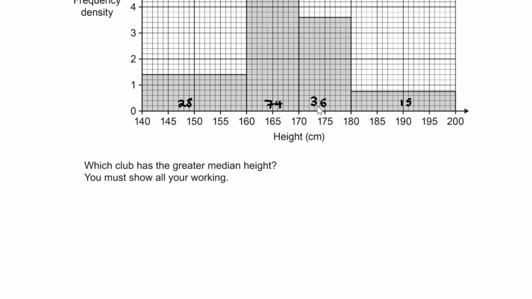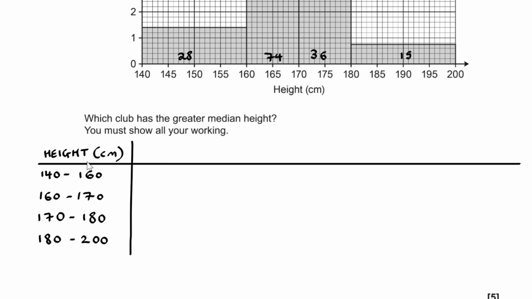How does this help us to find out what the median is? Well, if we form a quick table, we can use linear interpolation to find out what the median is. So we've got our different heights in intervals. We've got the frequencies being 28, 74, 36 and 15.